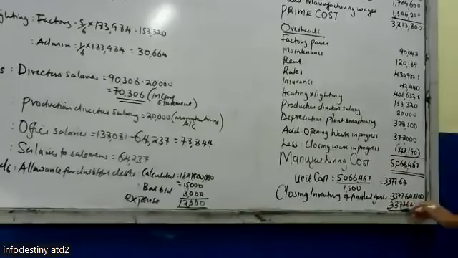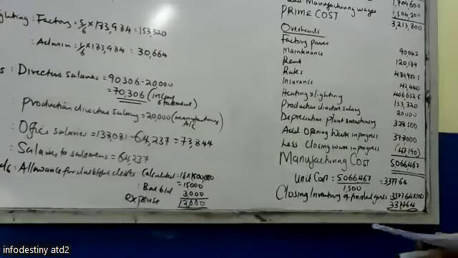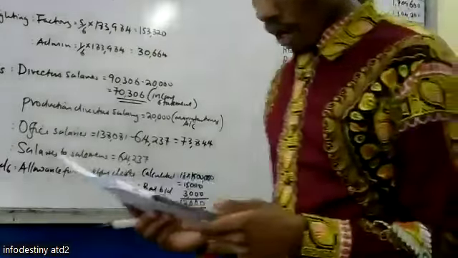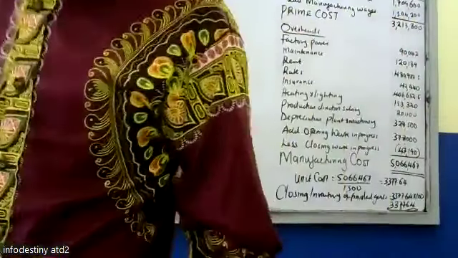So this is the closing inventory for finished goods: 37,764.